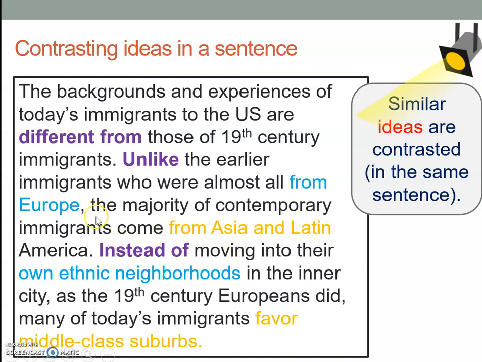So what's the difference? Where they're from? Europe versus Asia and Latin America. Instead of moving into their own ethnic neighborhoods in the inner city, as the 19th century Europeans did, many of today's immigrants favor middle-class suburbs. So we're comparing within the same sentence where they settled.